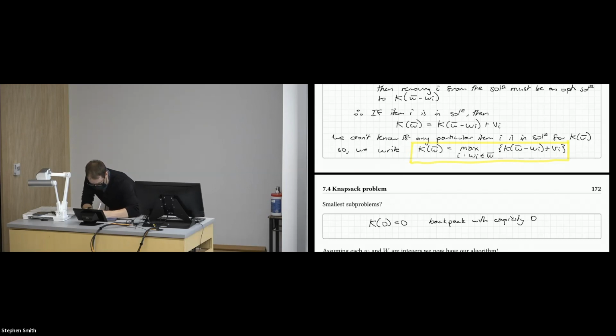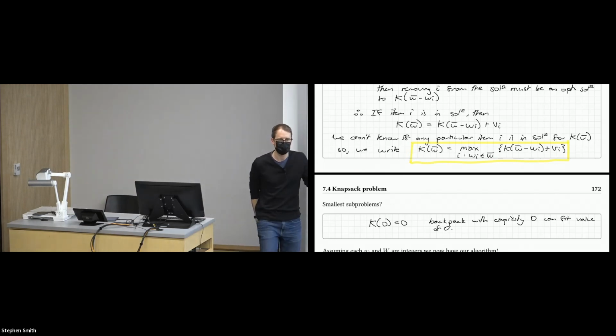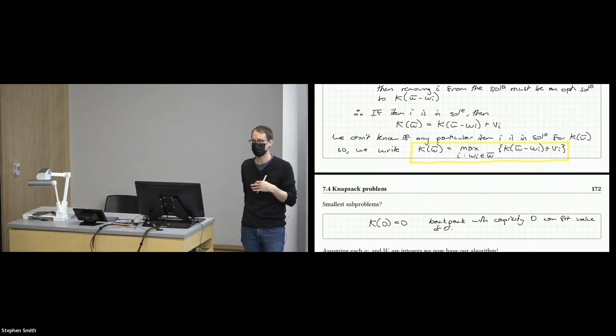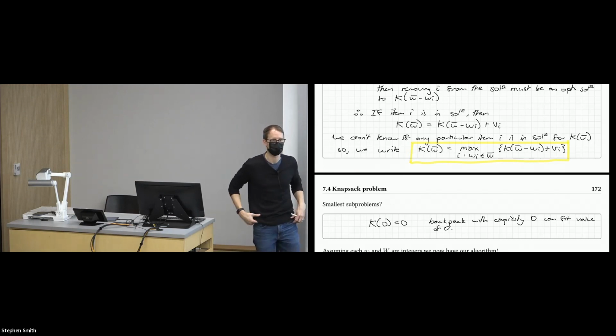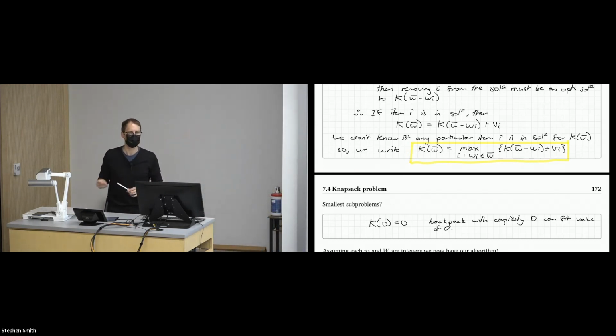A backpack with capacity 0 can fit a value of 0. That's assuming that all the items have positive weight. If they don't all have positive weight, then the problem isn't interesting, right? Then you can fill your backpack with infinite value with 0 weight.